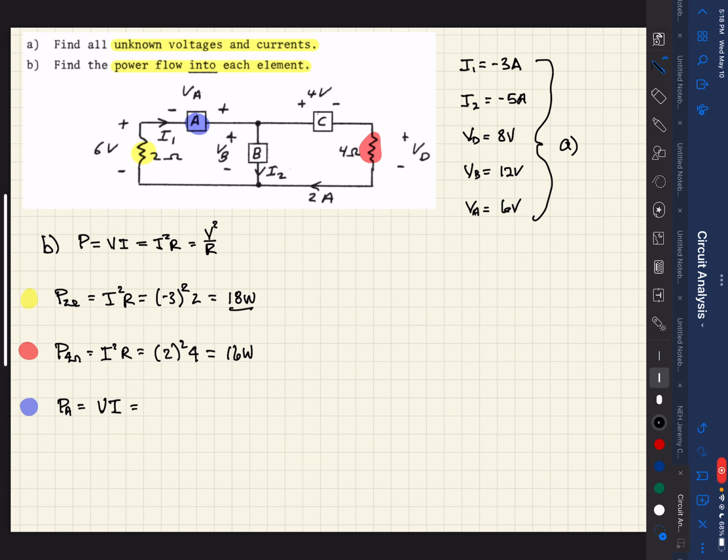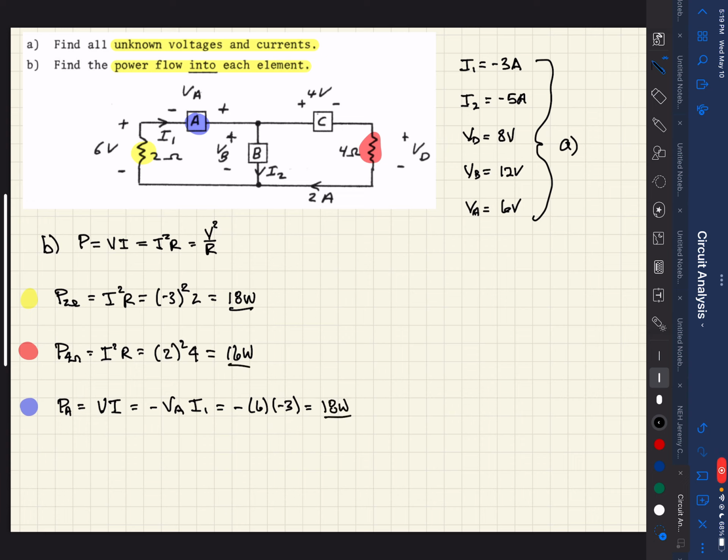In this case, it's going to be a negative VA because of the direction of the current flow, and then times I1. That will give us minus 6 volts times minus 3, and that gives us 18 watts.